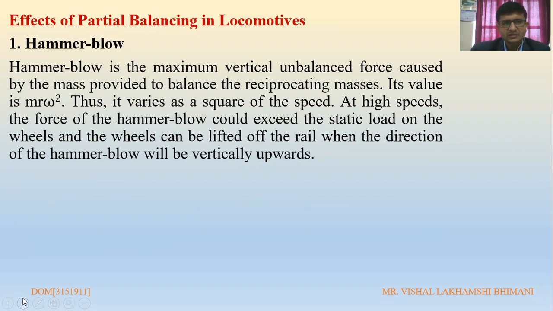So that is called the hammer blow, and it is the maximum vertical unbalanced force. And why is this produced? Because of the mass provided to balance the reciprocating masses. And its value is m r omega square.